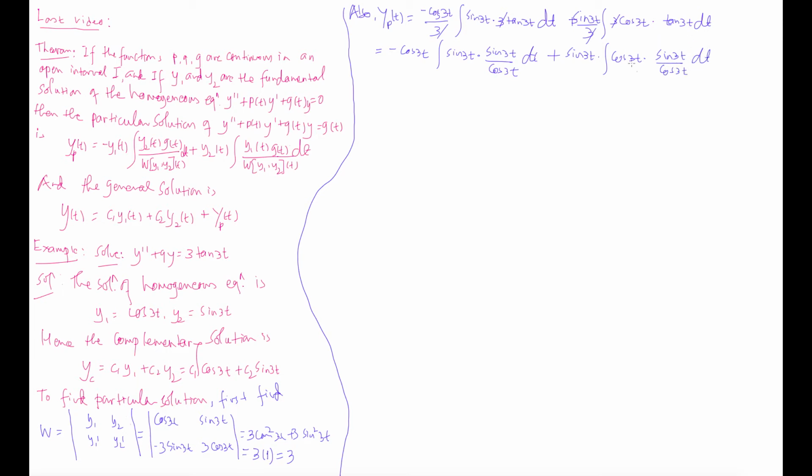You cancel cosine 3t with cosine 3t. So the simplified form looks like this: negative cosine 3t times the integral of sine squared 3t over cosine 3t dt, plus sine 3t times the integral of sine 3t.